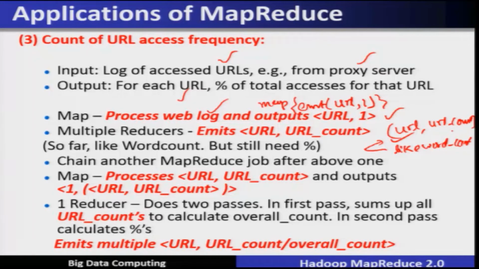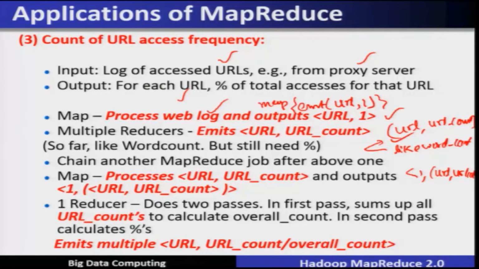Out of this URL count, another map function will execute. It will take the URL and URL count and output 1 comma URL and its URL count.